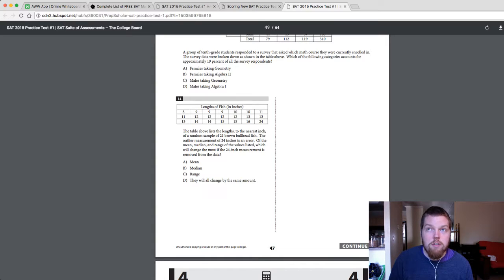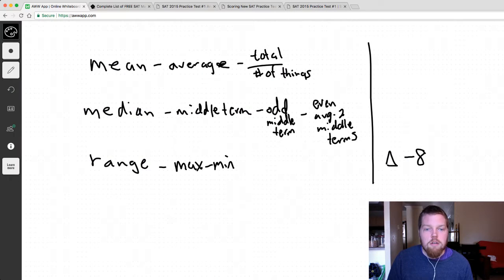So we're going to average the two middle terms. So 12 is still going to be the median because there are so many 12s. So the median is not going to change at all.